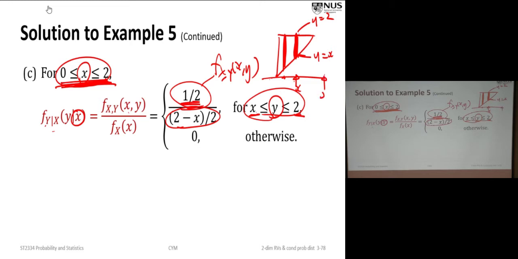But if you fix x here, then there's no more density over this part. So this is 0, it's not 1/2. 1/2 is only for this region, for this triangle, the area, from 0 to 2. This is also 2. Okay? So this is the conditional of y given x.